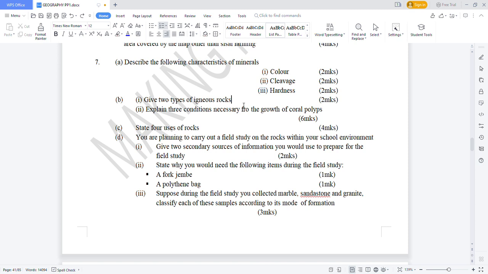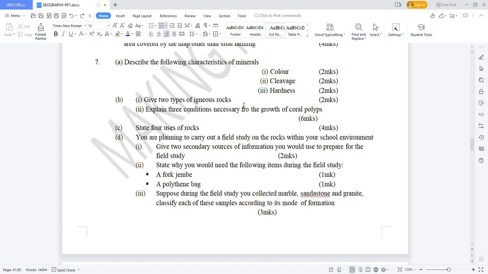The third one is hardness. Minerals differ in hardness depending on the chemical constituents and mode of formation.